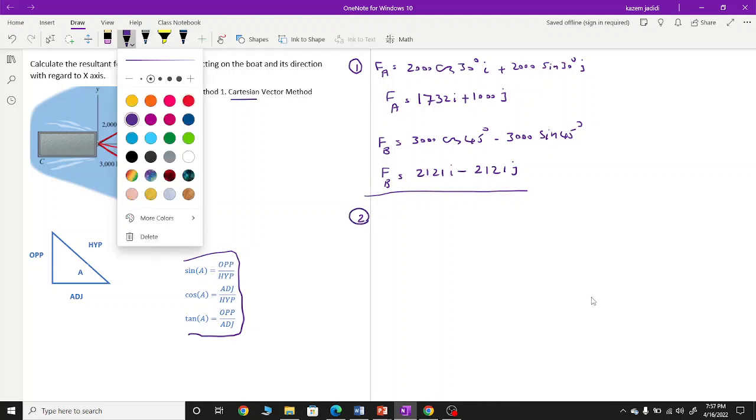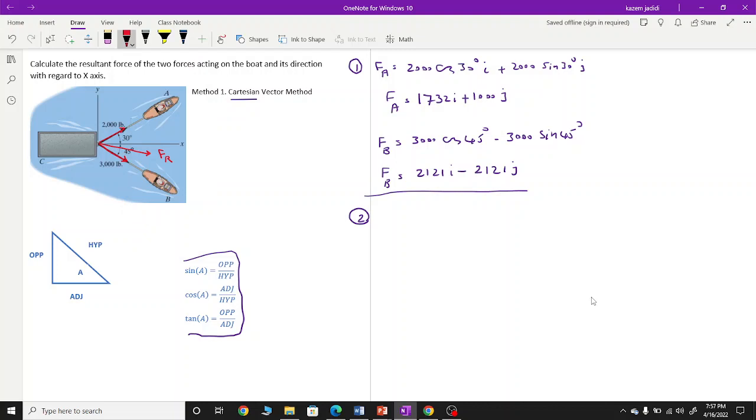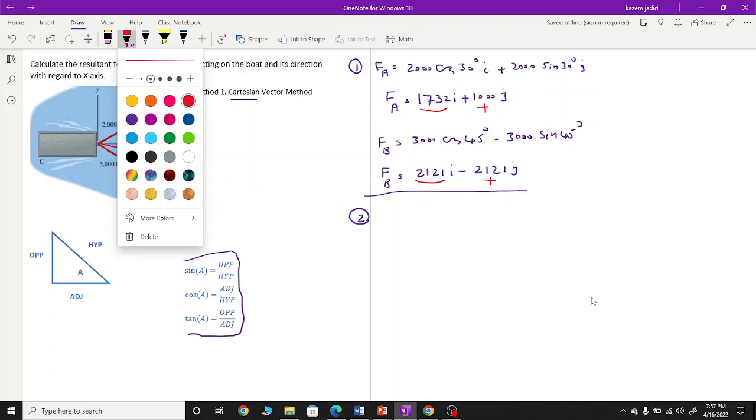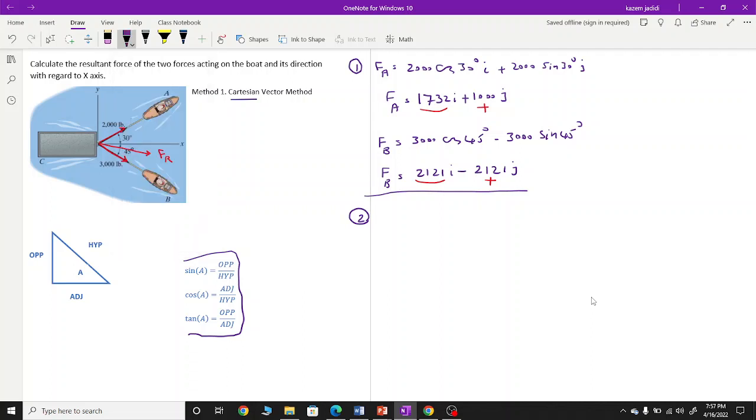Step 2. Now that we have each force broken down into its components, we can add I components to each other and J components to each other because they are collinear now. And if we add them, what we form is called the resultant force in Cartesian format.